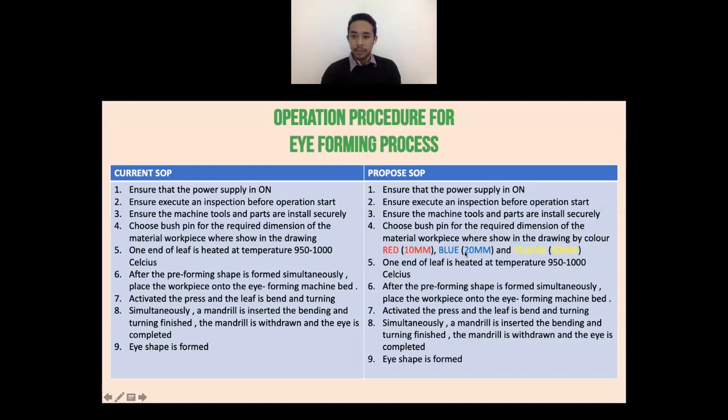So I already put the color that I gave as example. Like I said before, red 10 mm, blue 20 mm and yellow 30 mm. So I think with this kind of application that I want to apply, it makes it easier for the operator to see which bush pin should be installed at the machine.